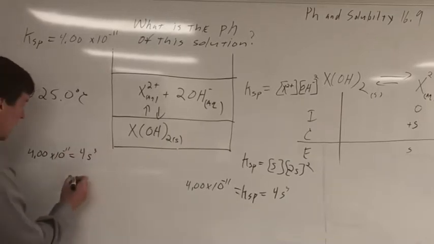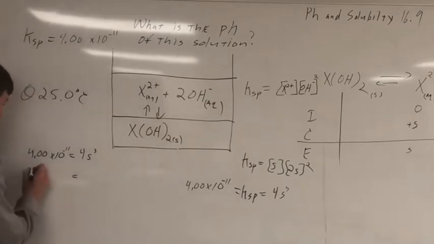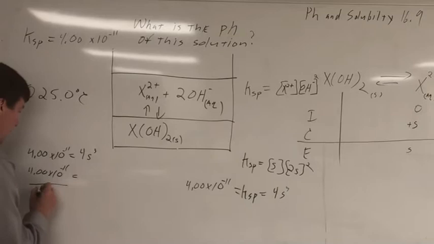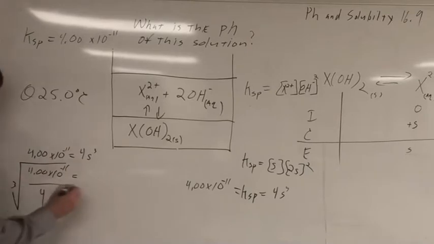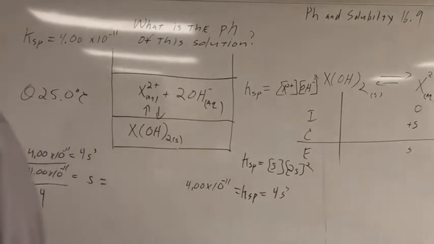Let's solve for s. We've got 4.0 times 10 to the negative 11th. Let's divide by 4. And let's take the cube root of that. That will give us s. Let me plug that in the calculator, see what we get.